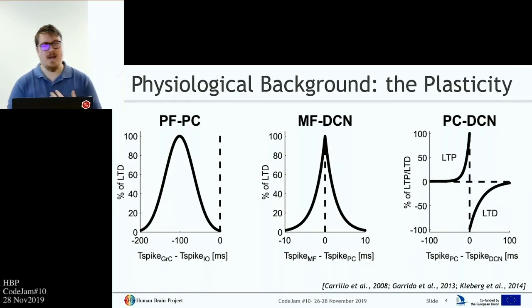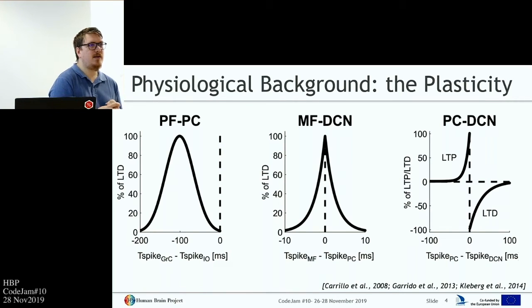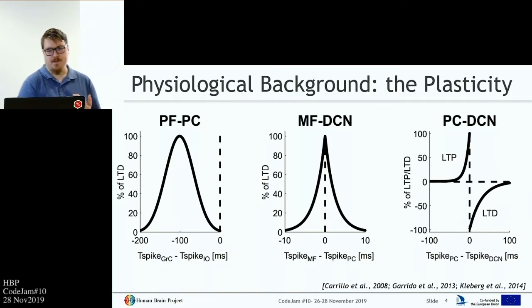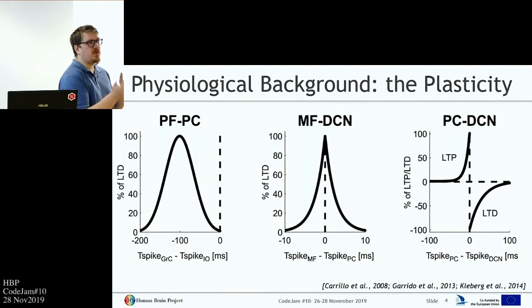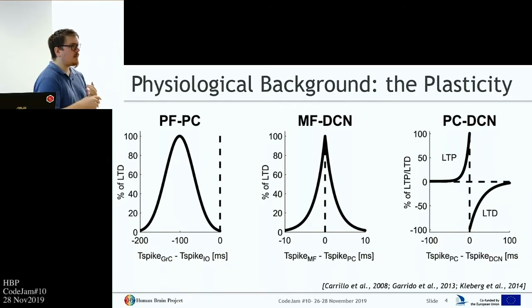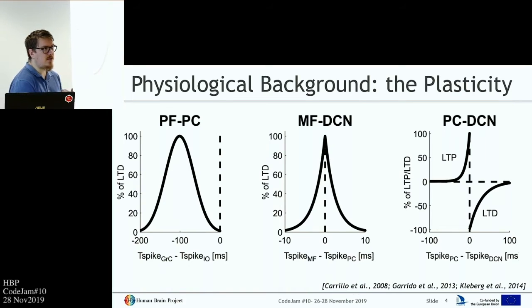So we had to translate the biological changes into equations that control the changing in the synaptic weights according to the spike timings. So these are all STDPs, spike time dependent plasticity rules, and we try to model the experimental evidences measured on animals mainly, and put them as equations.